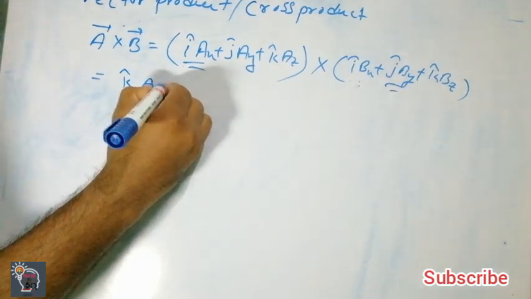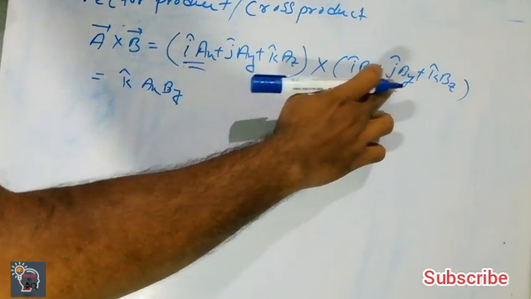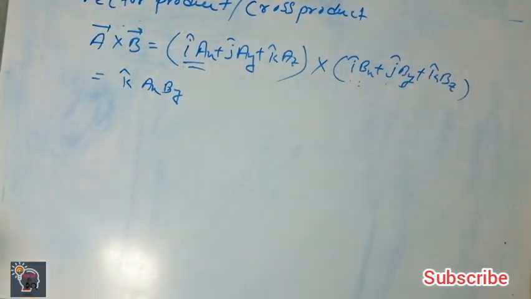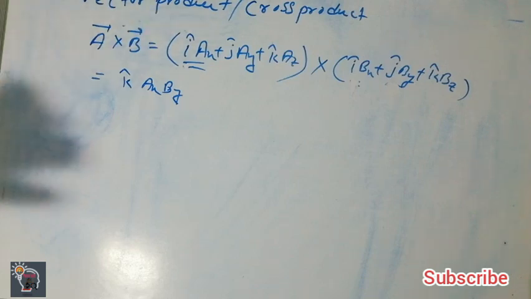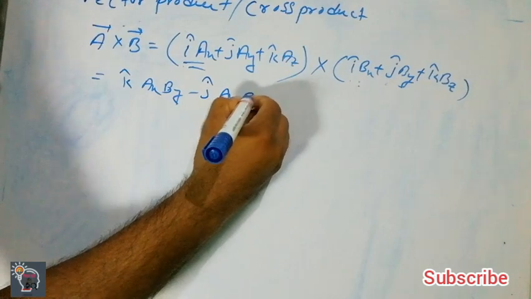Ax By. Now I have to cross between i and k. i cross k means minus j. So minus j cap Ax Bz.